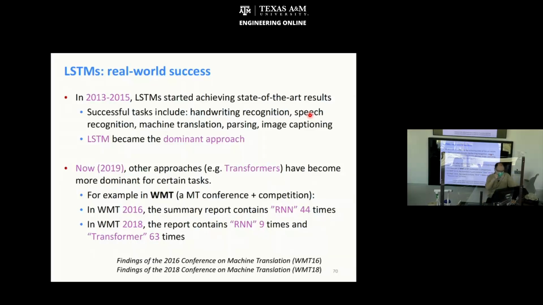You can see that in this very simple example from WMT, a machine translation conference plus competition. In 2016, the summary report contains RNN 44 times. In 2018, the report contains RNN 9 times and transformer 63 times, okay?